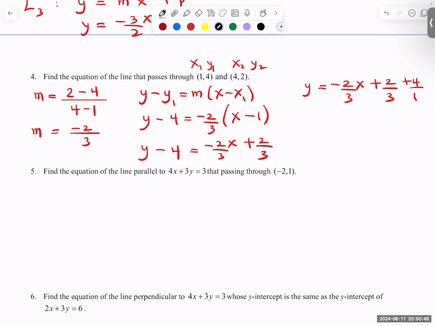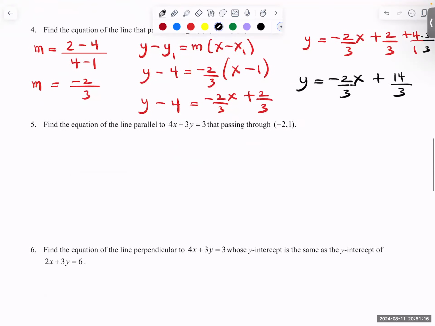With the common denominator of 3, we can multiply by 3/3. So we have y equals -2/3 x, and then 2/3 plus 8/3 is 10. Correction, 2/3 plus 12 over 3 is going to be 14/3.